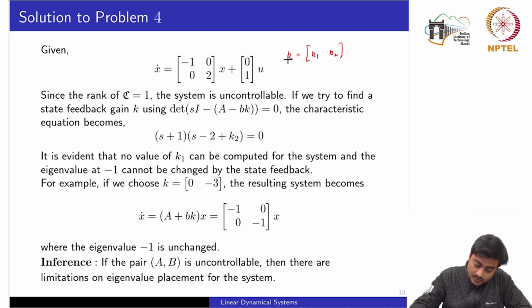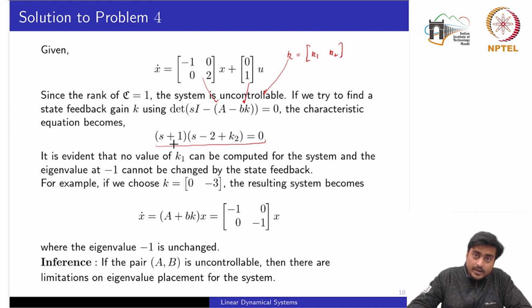Okay. Now once we substitute K here and the A matrix form here, the B matrix here, and solve this equation or open up this equation, we obtain this one. One important thing you would see is that one of the elements of the gain vector k, which is k1, is not available here, meaning we can use any value of k2 to place only one of the eigenvalues.